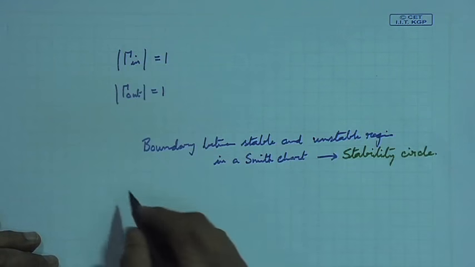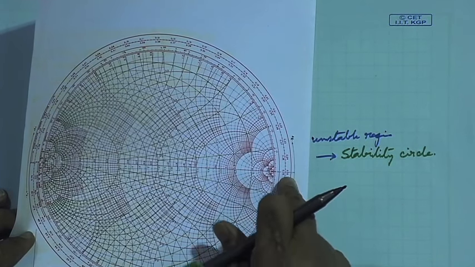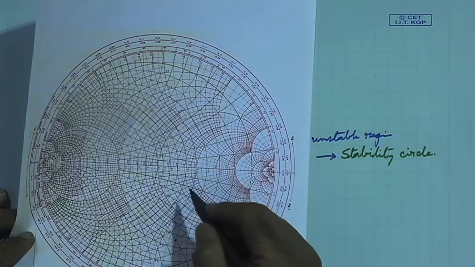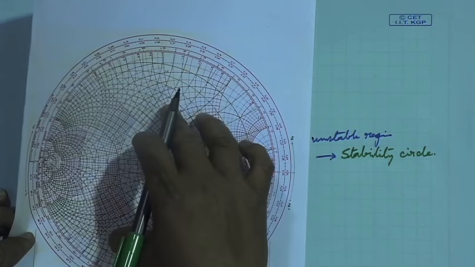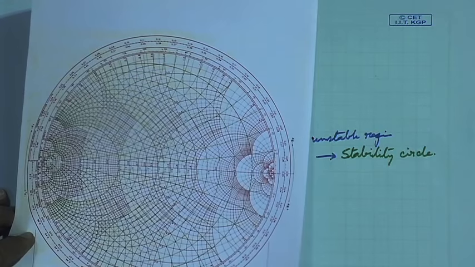So, in this Smith chart we can consider this both as a reflection coefficient plot as well as the corresponding impedance plot.